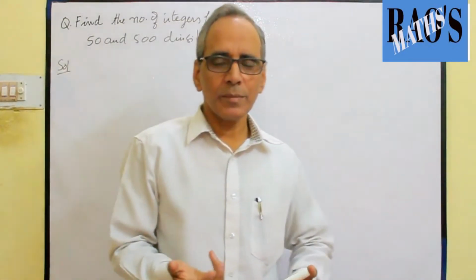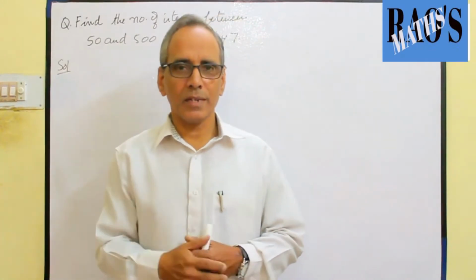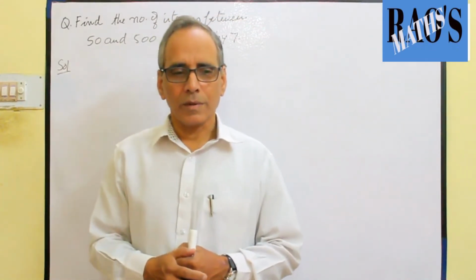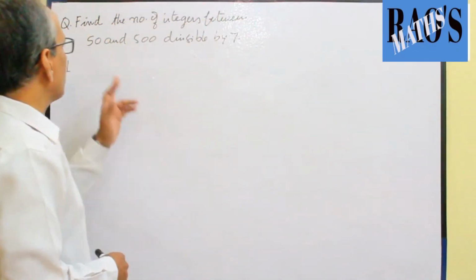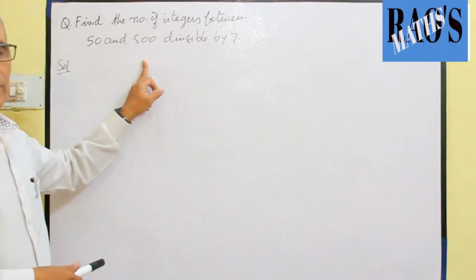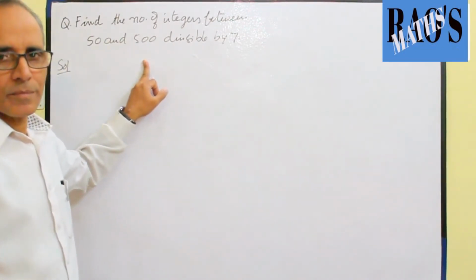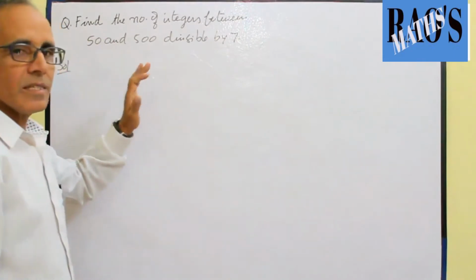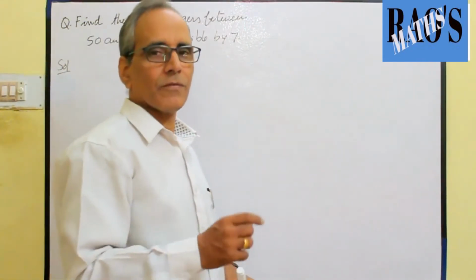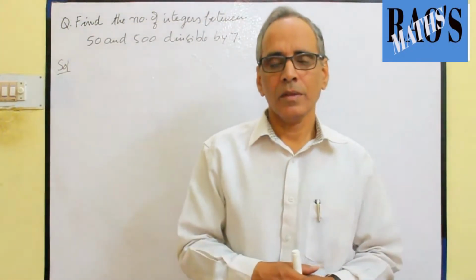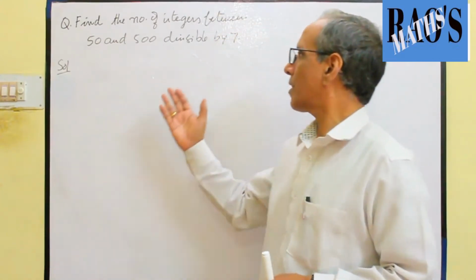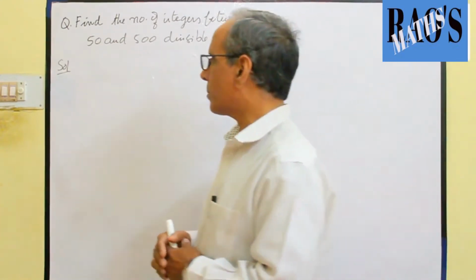So I want the multiples in between 50 and 500. What is the first multiple in between 50 and 500? We know the 7 eights are 56, so 56 is the first multiple. That is the first term in the AP. What is the last multiple? We have the range.